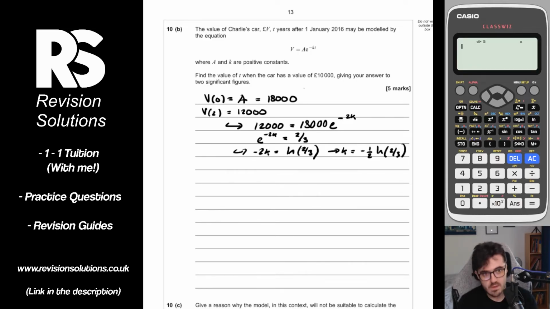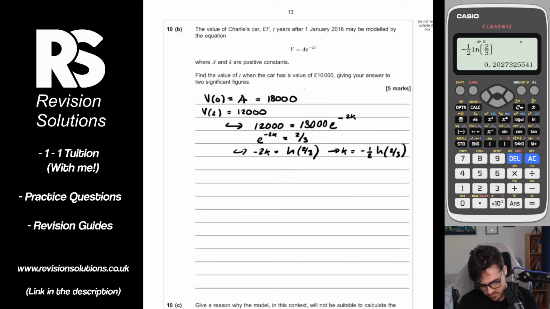So I'll put that value in my calculator, ready for later. So let's do that. Minus 1 over 2 natural log of 2 over 3. That's equal to that number there. We'll just keep that ready for when we need it.